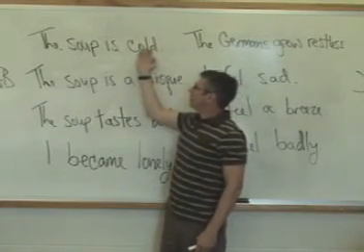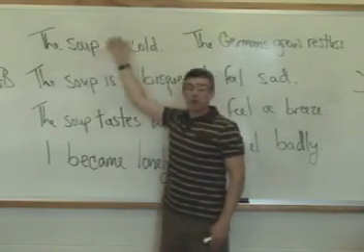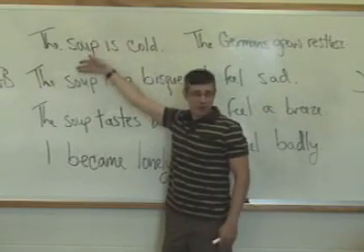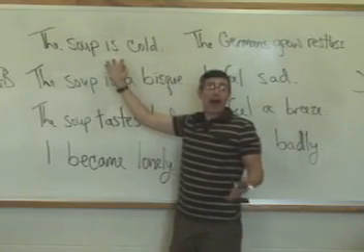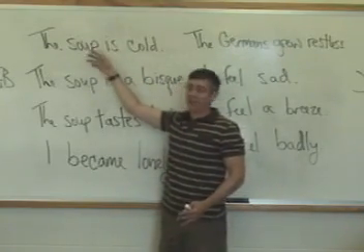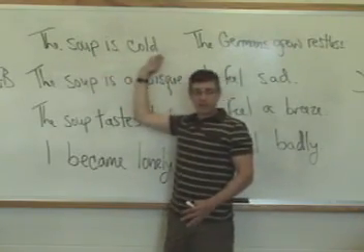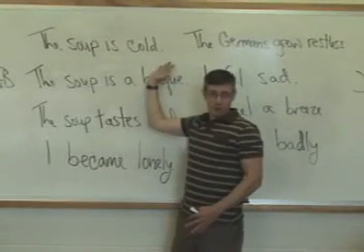And because the adjective is really in close connection to the subject, we speak of this verb as a linking or copulative verb, because it links the subject with this thing that follows the verb, this adjective.